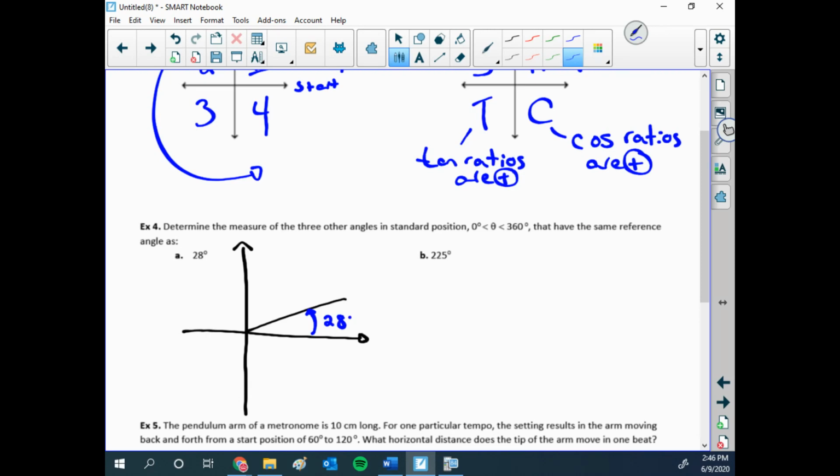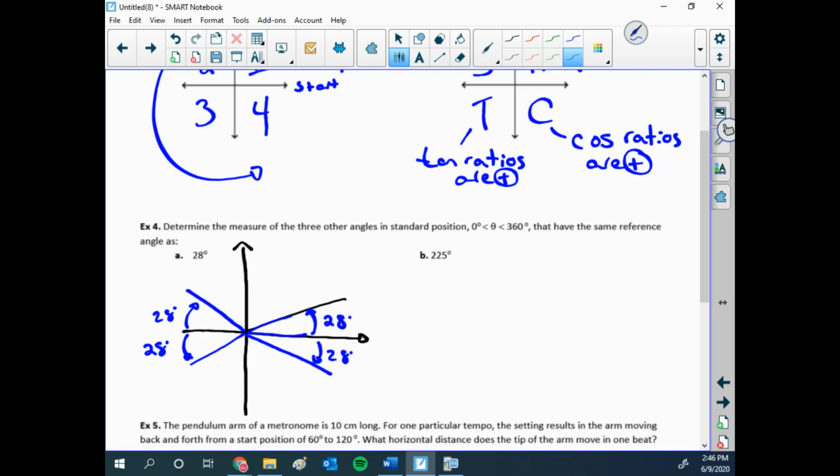There are 3 other angles measured in standard position that have the same reference angle. Remember, the reference angle is between the horizontal and the terminal arm. So some other places I could put that and have the same reference angle would be right here, where this is 28 degrees. I could put it here and down, where this is 28 degrees. I could put it here and down, which is also 28 degrees.